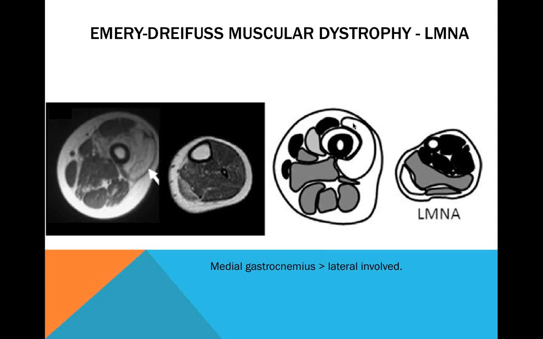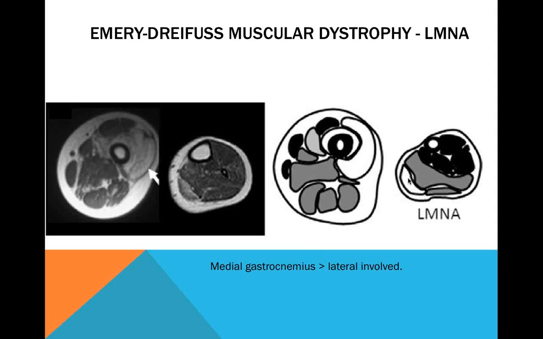But basically it seems like the more lateral muscles are more involved, and the vastus intermedius. So vastus intermedius and vastus lateralis are more involved, and then there's some mild involvement of the posterior muscles of the leg, of the thigh, and there's also some mild to moderate involvement of the posterior muscles of the lower leg.